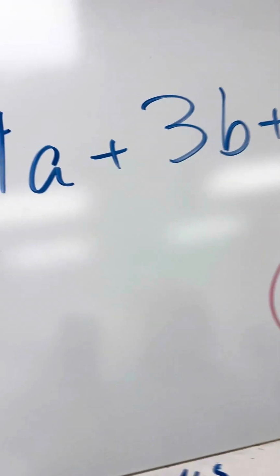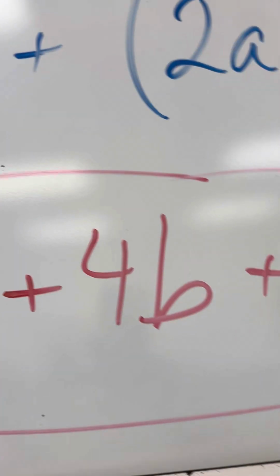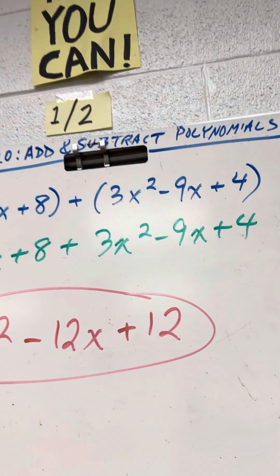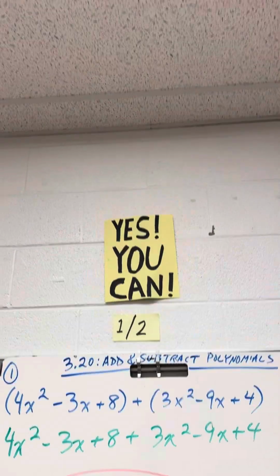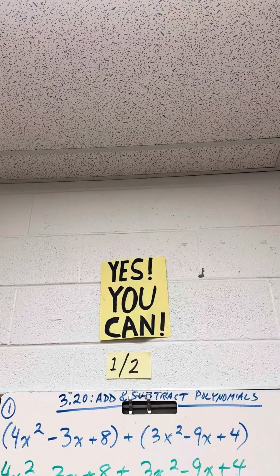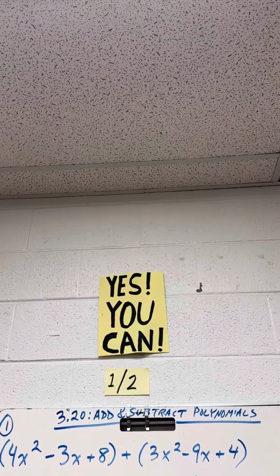Okay, so now we have 4x squared minus 3x plus 8 plus 3x squared minus 9x plus 4.